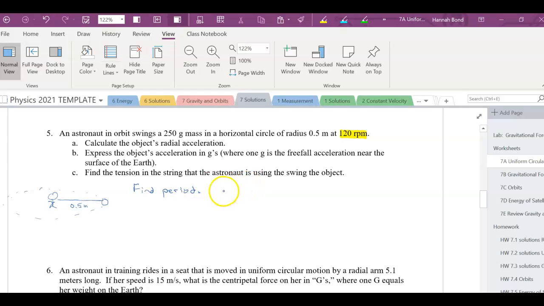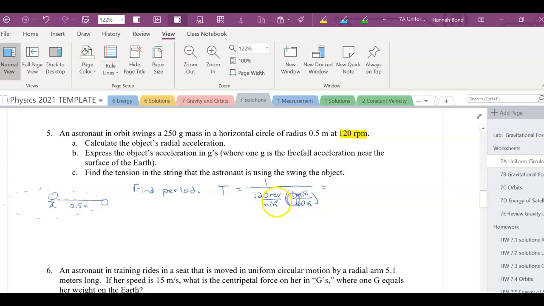So the period is going to be the inverse of the RPM, but we have to convert minutes to seconds. So we have 120 revolutions per minute. That's what RPM means. 1 minute is 60 seconds.